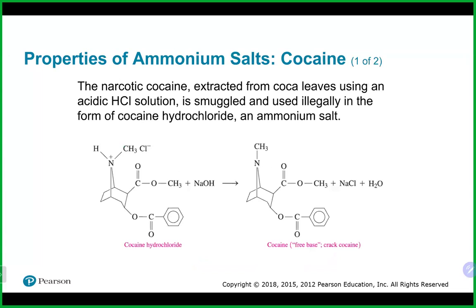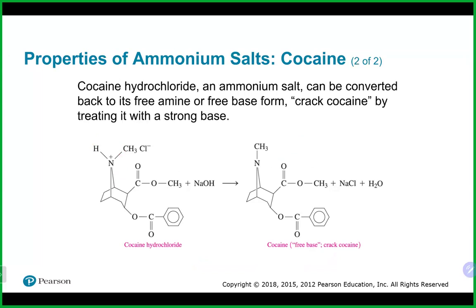Some more over here in cocaine. So we have some amines happening, and we also have our amine over here as well. And it does, again, an acid-base reaction occurring here, making our sodium chloride as it continues on to make that there.